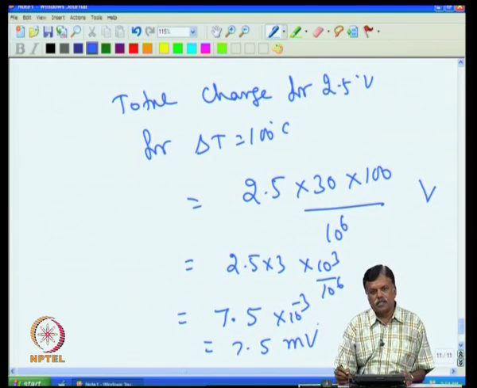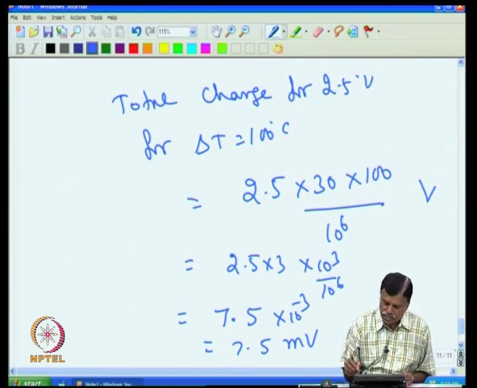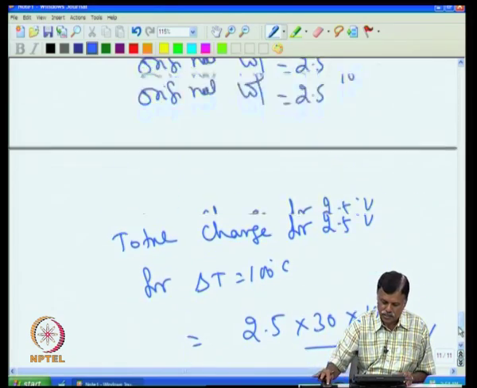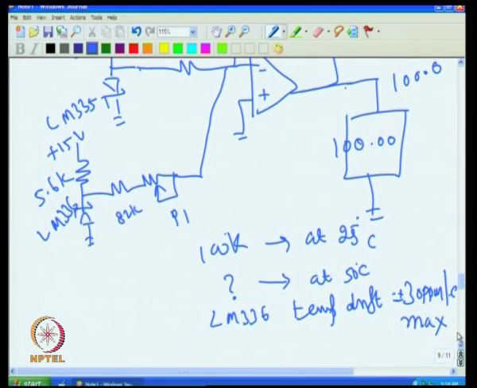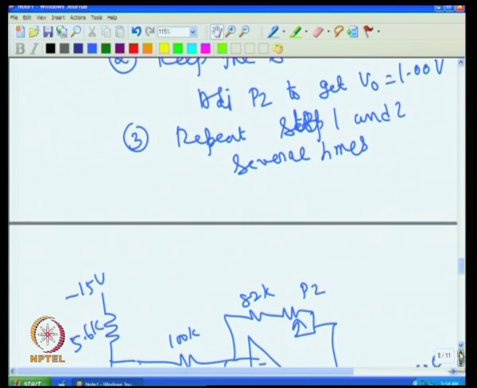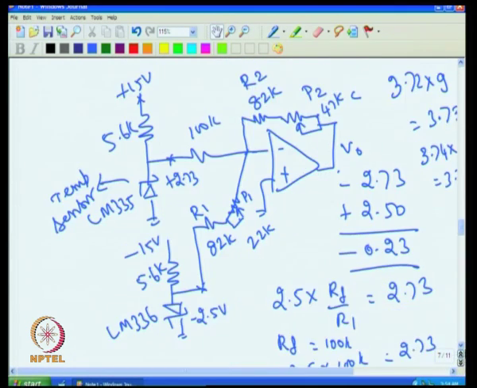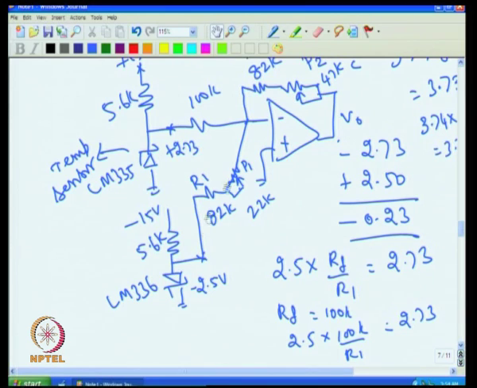That means, when room temperature changes, the voltage at this point will change by 7.5 millivolt, because we had seen this and this produce gain.